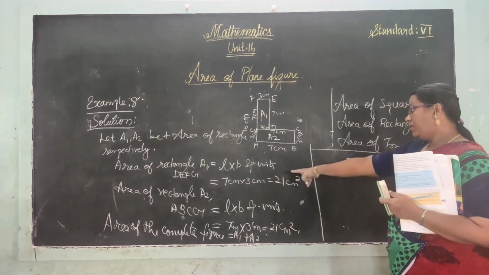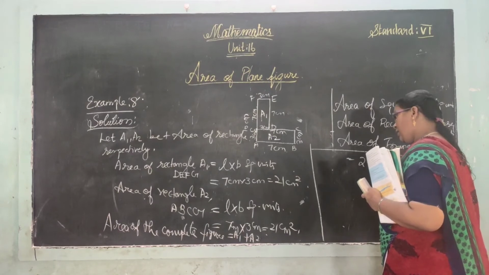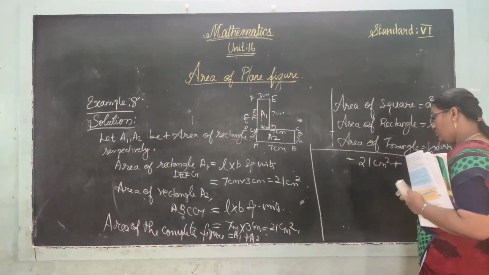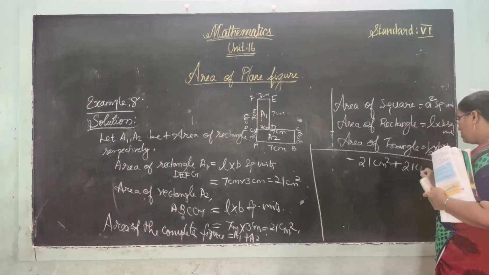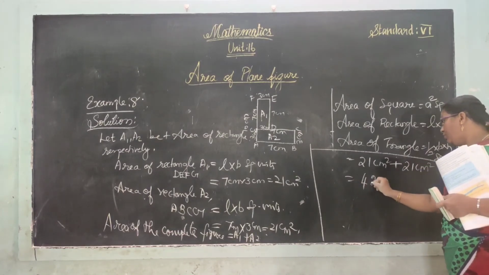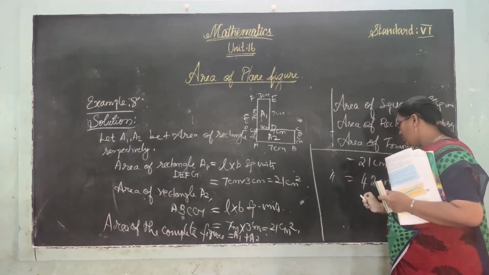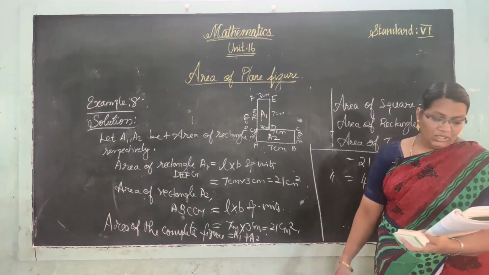What is the A1 value? 21 centimeter square, and A2 value is also 21 centimeter square. Sum of these two values is 42 centimeter square. So the area of the complete figure is equal to 42 centimeter square.